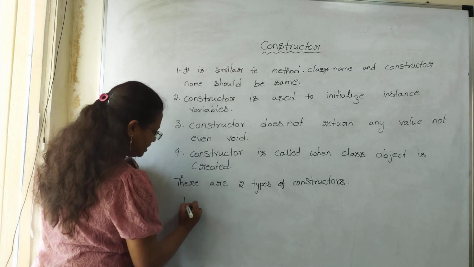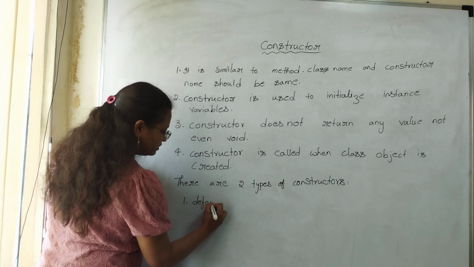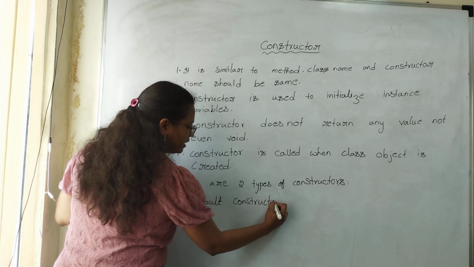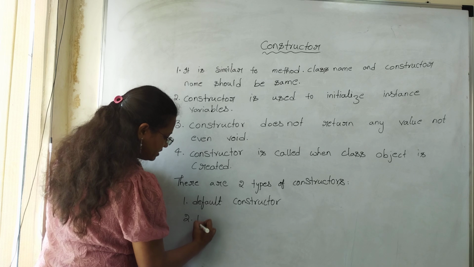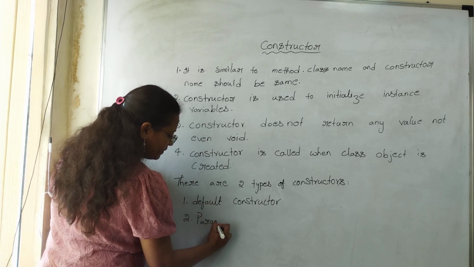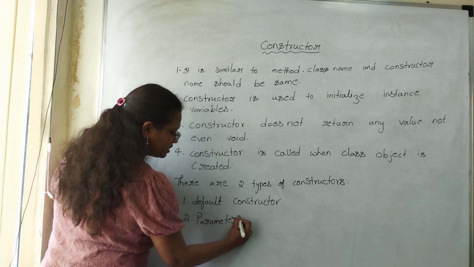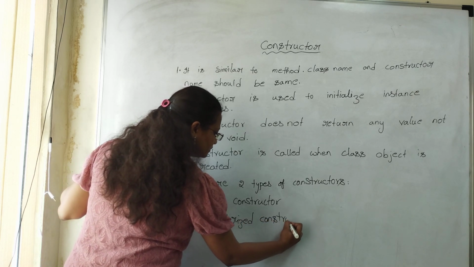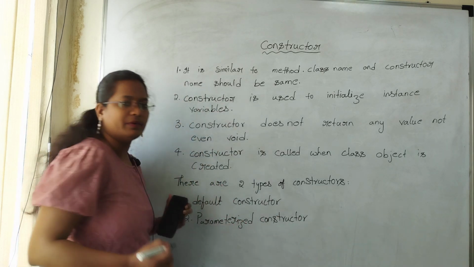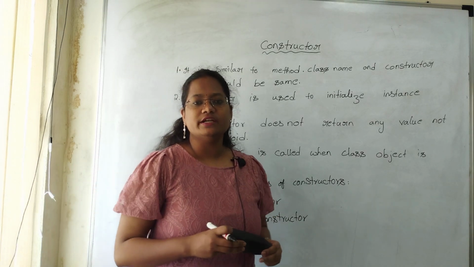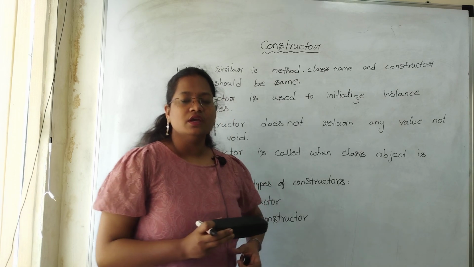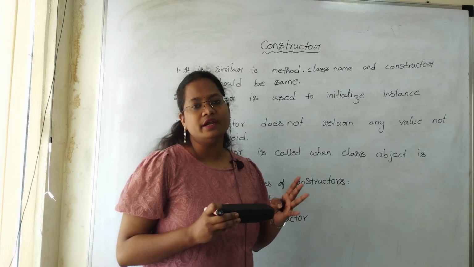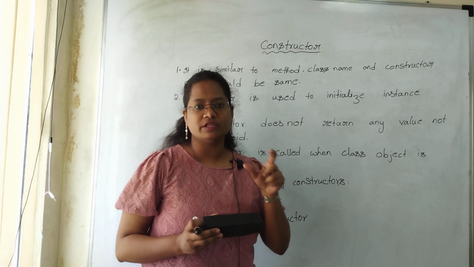The first one is the default constructor, and the second one is the parameterized constructor. And you have to remember one more point: when you are representing any constructor in your classes, the constructor should not be static, final, abstract or synchronized.